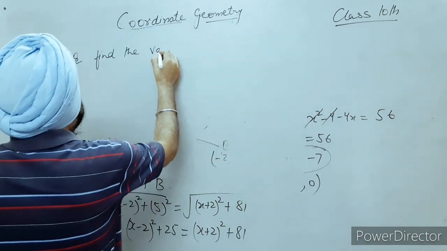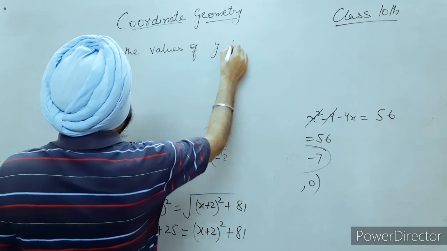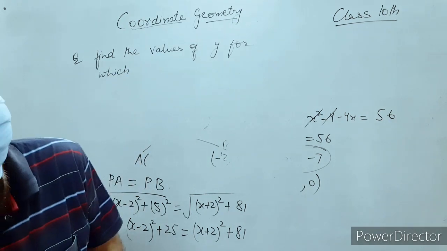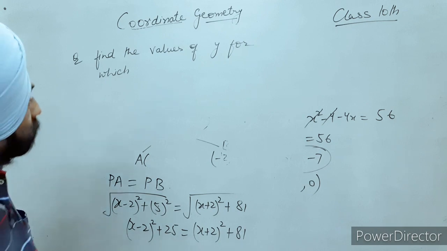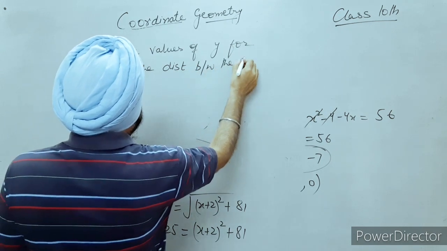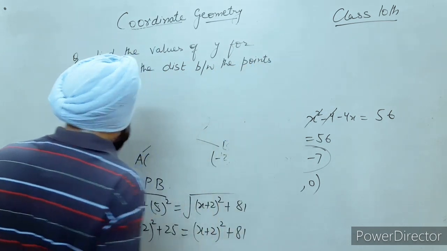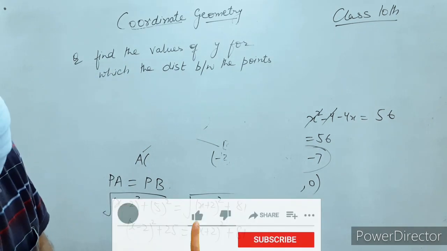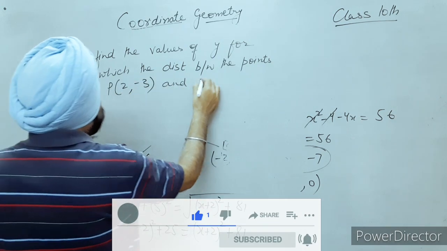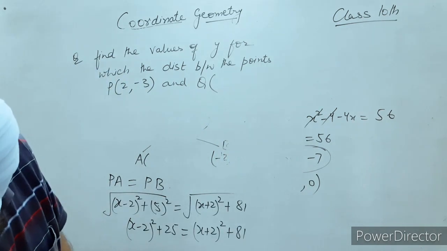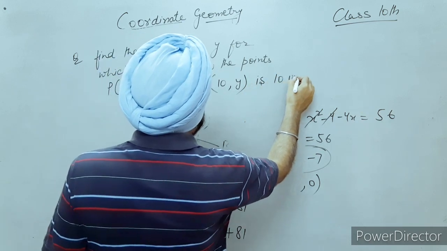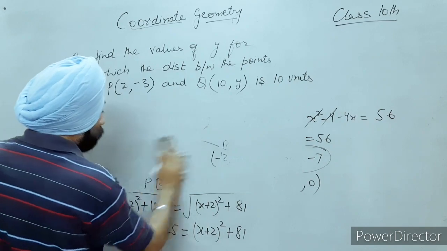Find the values of y for which the distance between the points P (2, -3) and Q (10, y) is 10 units.